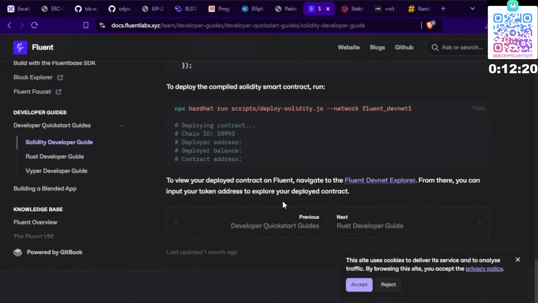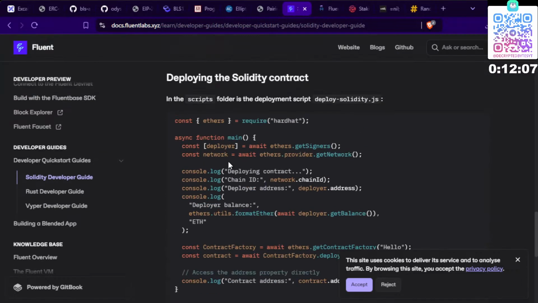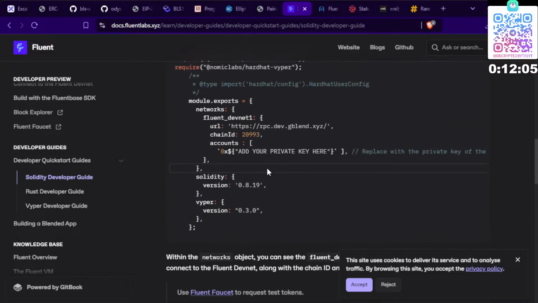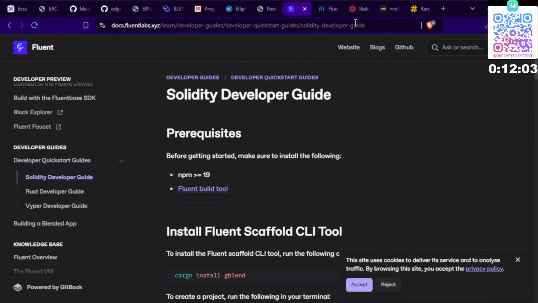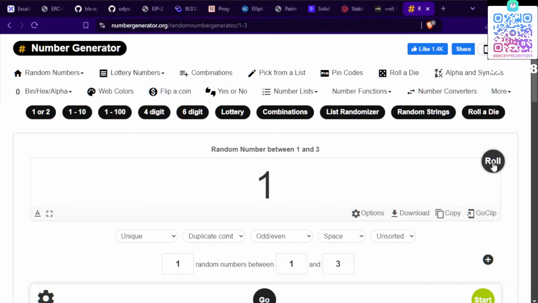Okay, cool. We'll try to deploy this Fluent application on testnet tomorrow, or devnet, whatever you want to call it, and just do an intro to Fluent. What after that? What do you do?